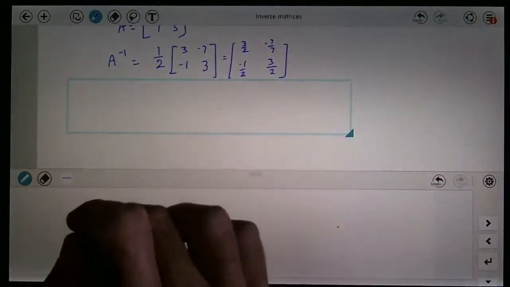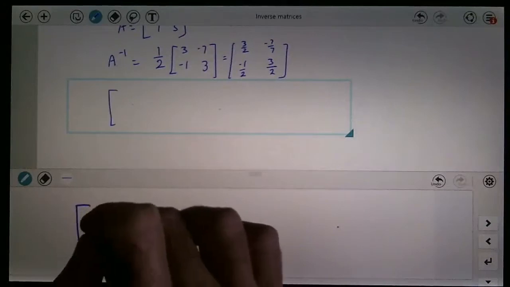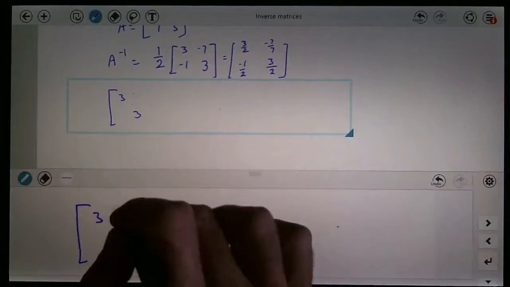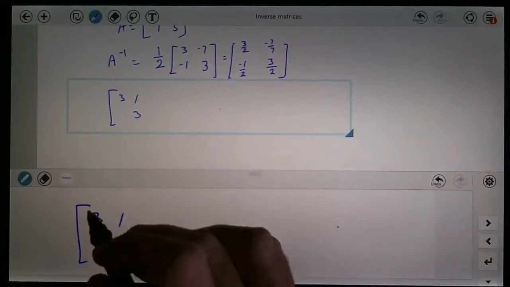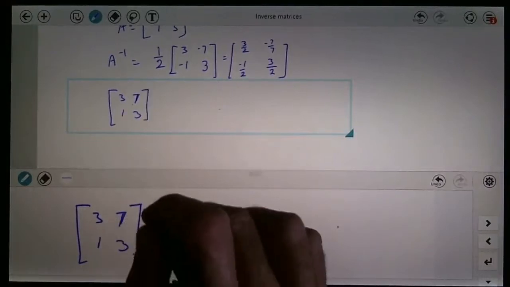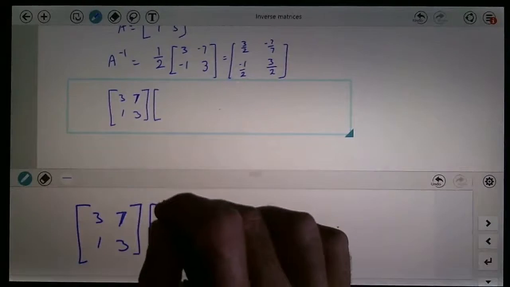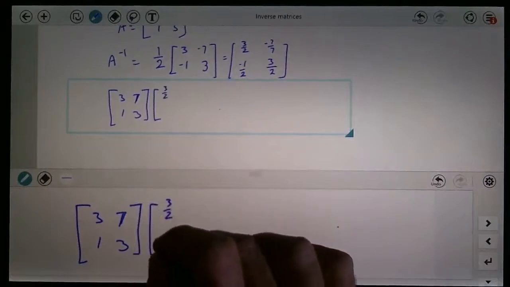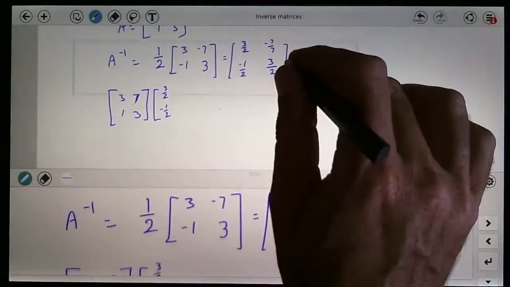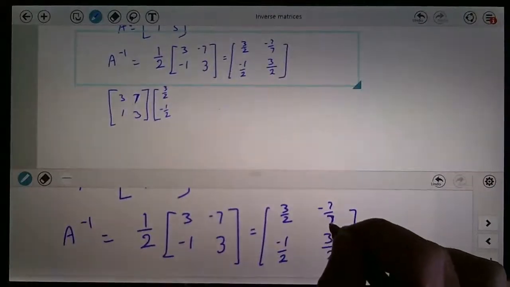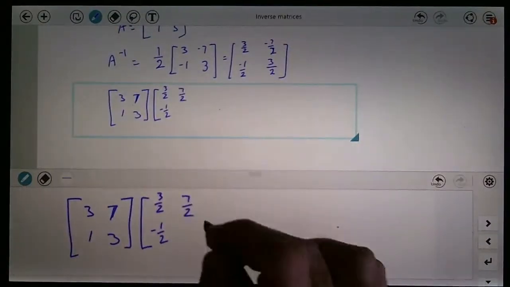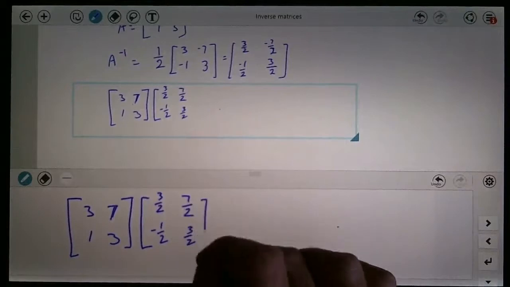If I take my original matrix here, 3, 3, 1, and 7, and I multiply it by what I think the inverse is here, 3/2, -1/2, that's actually 7/2, and 3/2. So let's try it.